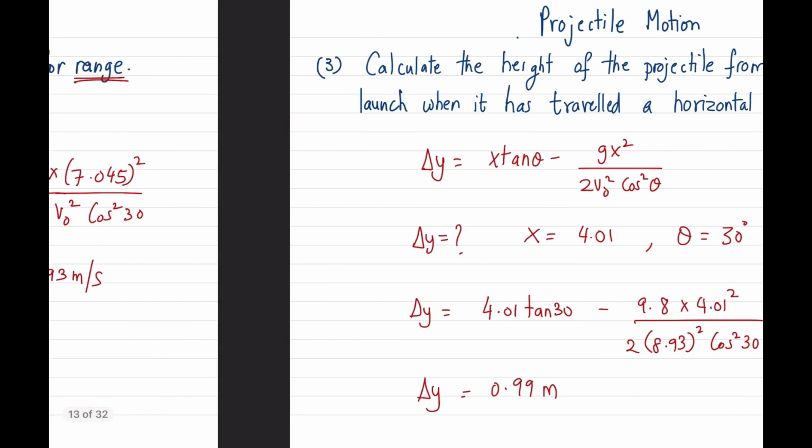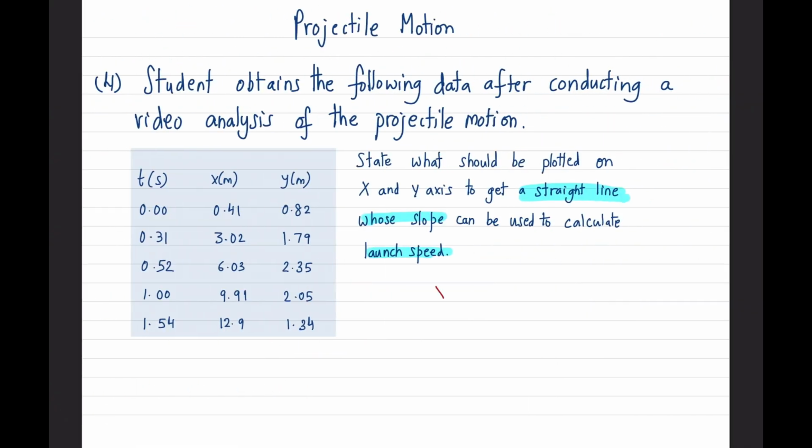So let's write that here: x equal v0 cosine theta multiplied by time. Actually we can write it as 30 because she did not change the angle, so v0 cosine 30.